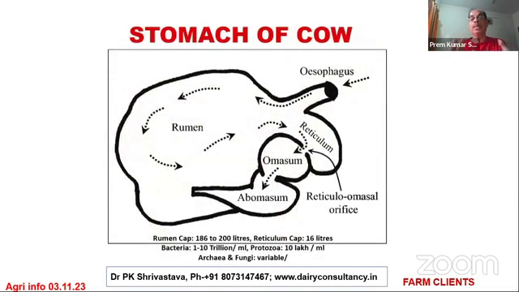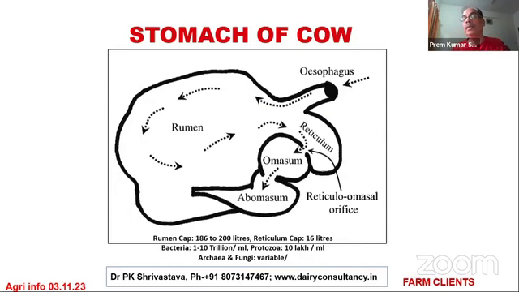The same thing, with only the stomach highlighted here: the feed goes from the mouth straight to the rumen, stays there for quite some time, and the cow goes for regurgitation, taking it out again from the stomach to the mouth, chewing it again and sending it back.